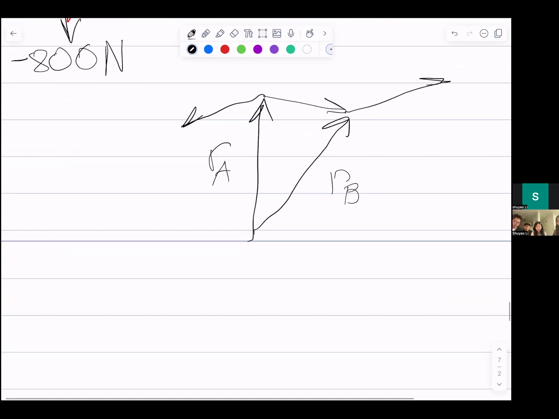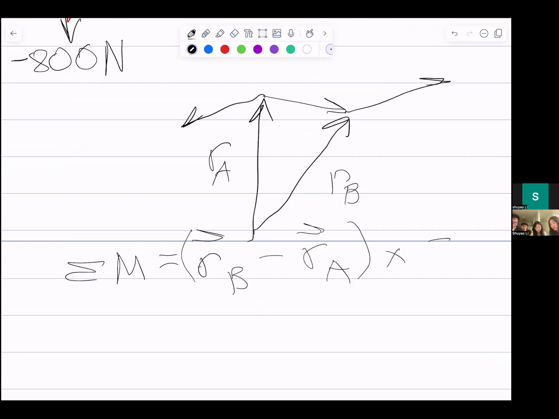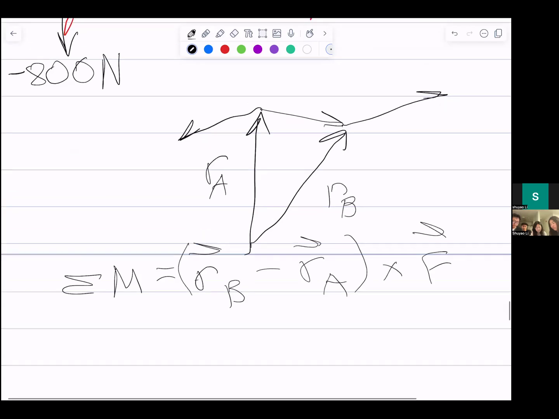Then we can take the moment of the force couple to be the vector RB minus the vector RA cross product of F of the force couple.